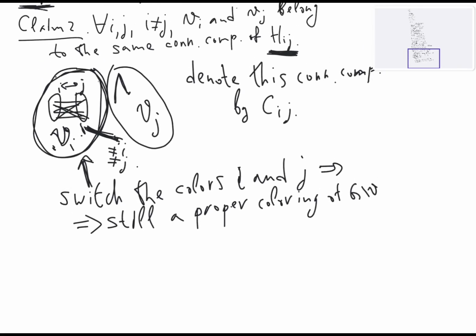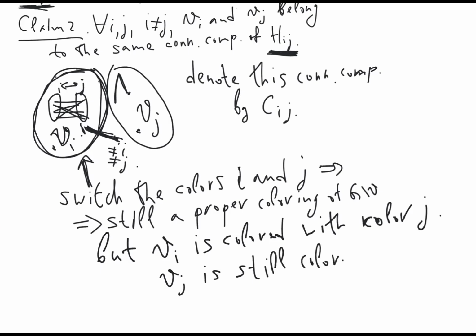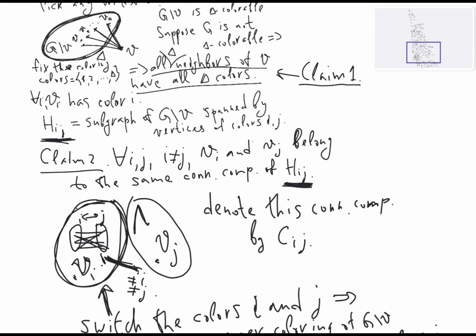So it's still a proper coloring of G minus V, but Vi is colored j, and Vj is still colored with color j, right? So Vi and Vj are now colored the same, in the same color j.